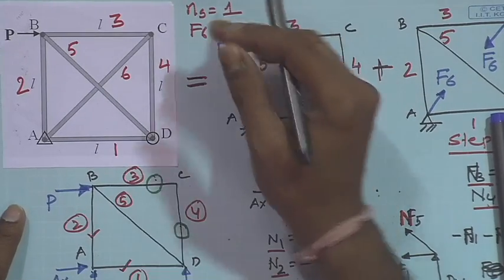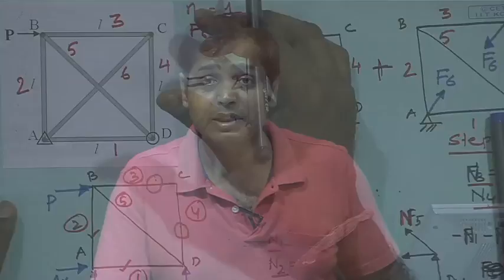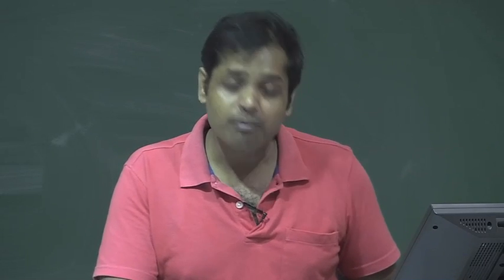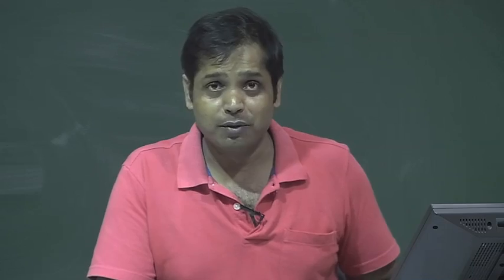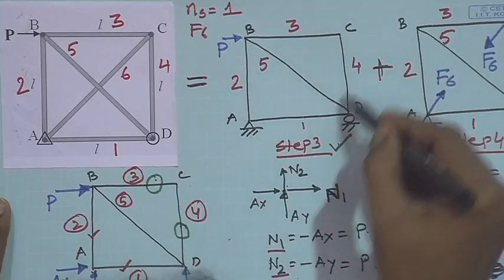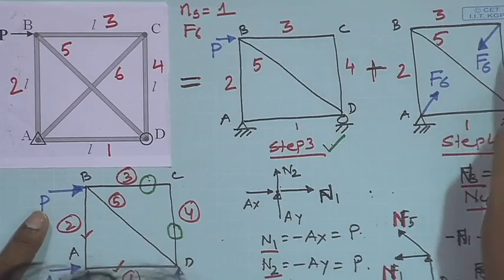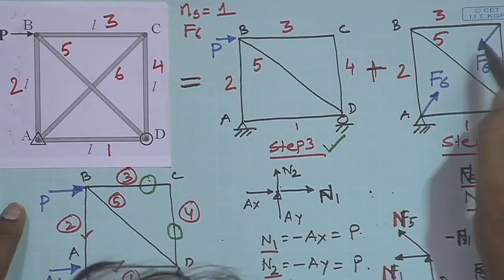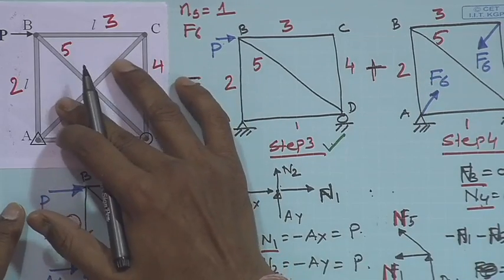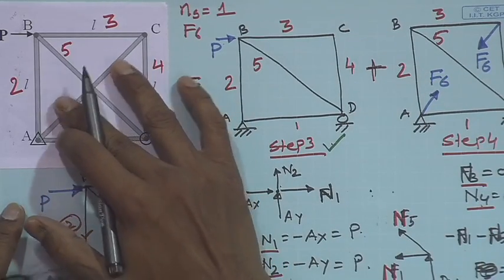If we neglect the axial deformation, then the deformation in AC will be 0. Whatever axial deformation we get for this and whatever we get for this, their summation should be equal to 0, because we assume that there is no axial deformation in this member.